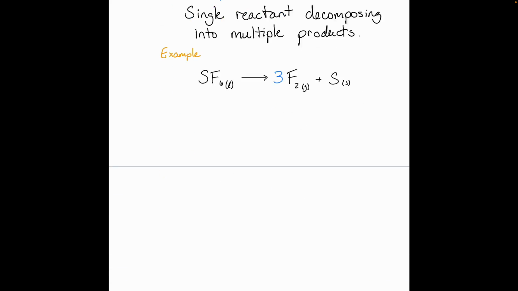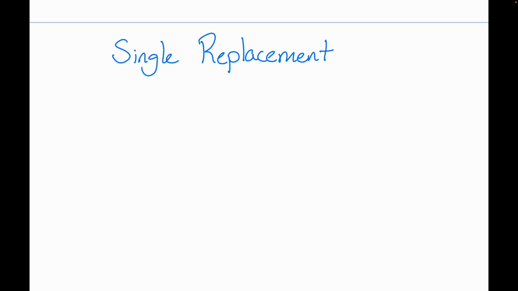Okay, so the next two are a little bit harder to spot pattern-wise, so I'm going to use some colors here. We have what are called single replacement reactions. All right, and these all follow the same basic formula where you have something all by itself.